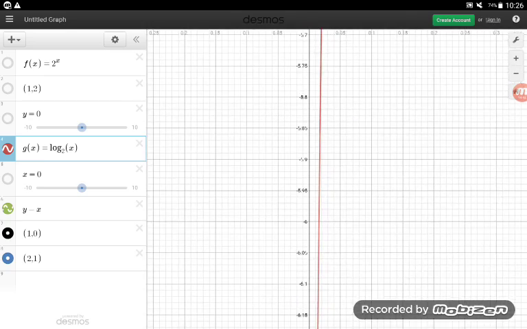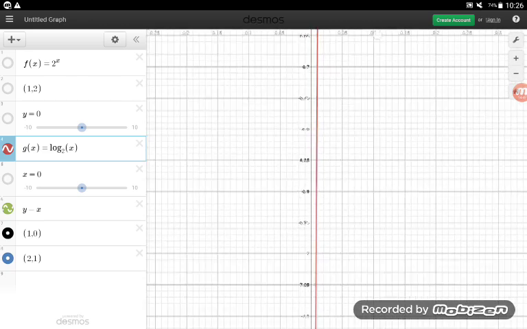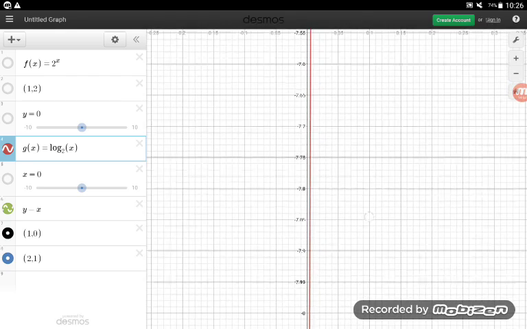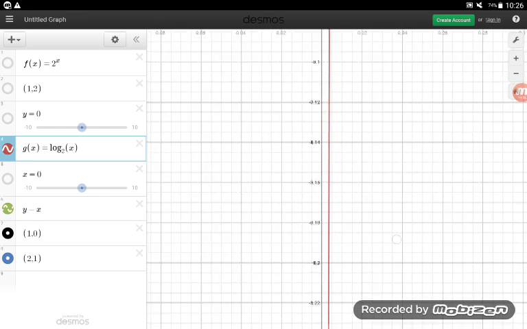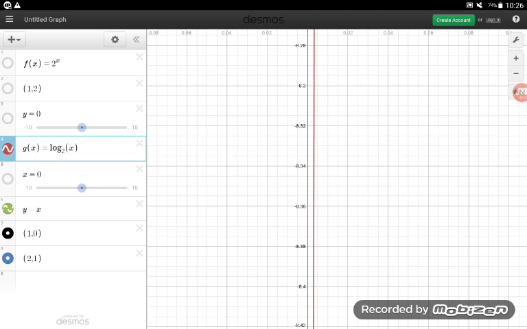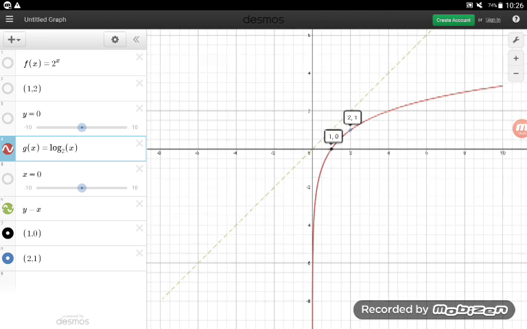If I keep on going down, even though it might seem as if it's touching, it's not really touching, because it just gets closer and closer. Which means we have a vertical asymptote.